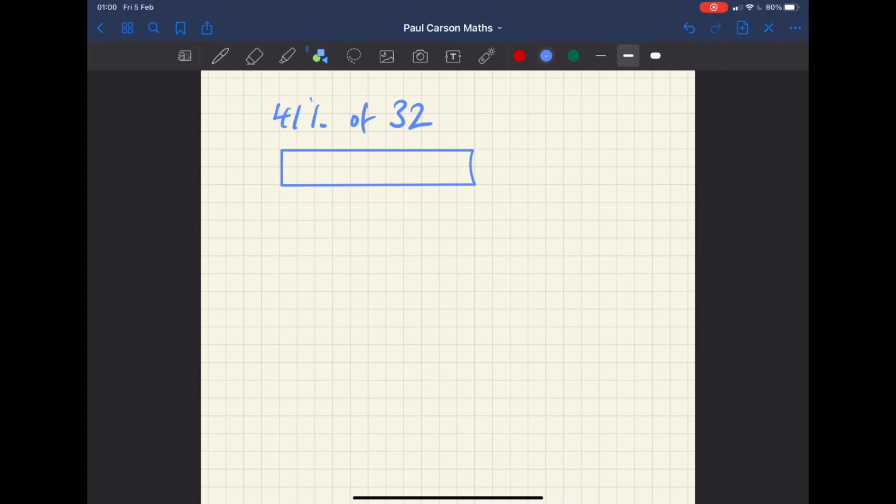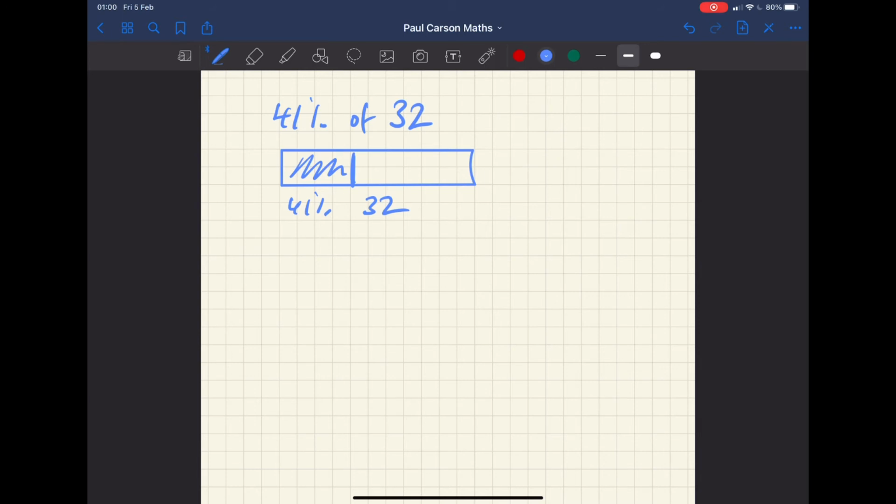So if that's 32 as a value, 41% of it means some amount here, roughly. Some fraction of it. So the question is, how much is that? If it was £32, what would be 41% of it? If you had to pay, say, a tax on £32, what would 41% of it be? So here we go, how to do it.